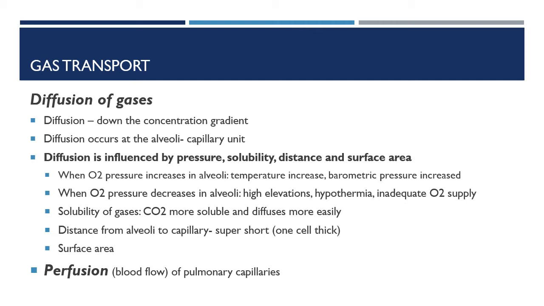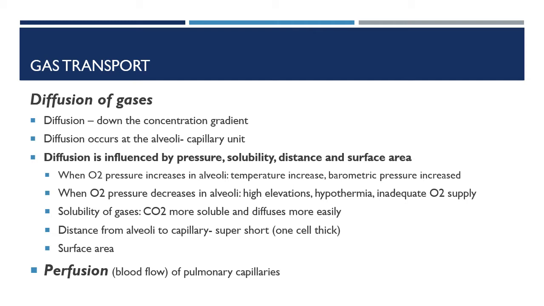So anything that affects the distance between the alveoli and the capillary membrane is going to impact diffusion. And the most common cause is pulmonary edema, okay? That just puts fluid all through the tissue between the alveoli and the capillary.